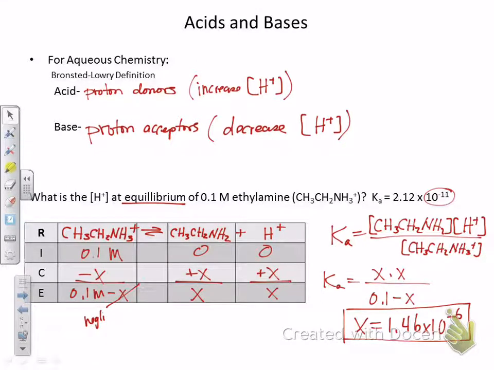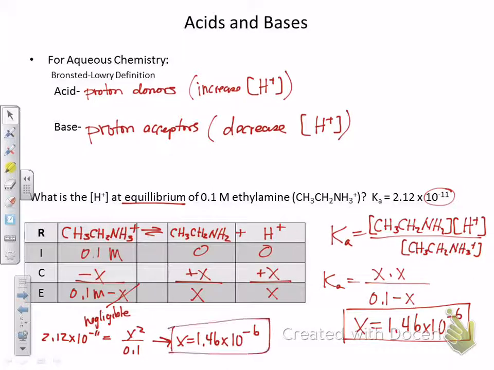And now we can assess whether or not it was important for us to incorporate the calculation of 0.1 molar minus X. This certainly makes the calculation a bit more complicated. If we assume that that value is negligible and repeat the calculation, we see in this case that X is equal to 1.46 times 10 to the negative 6th. So the same value. In this case, it would be appropriate for us to assume that X is negligible.